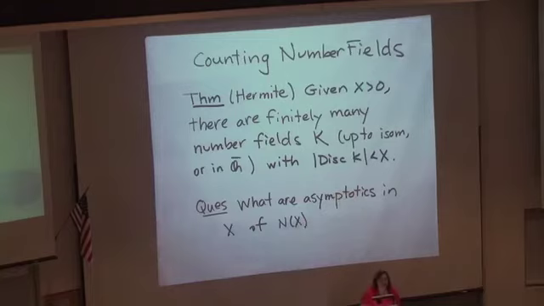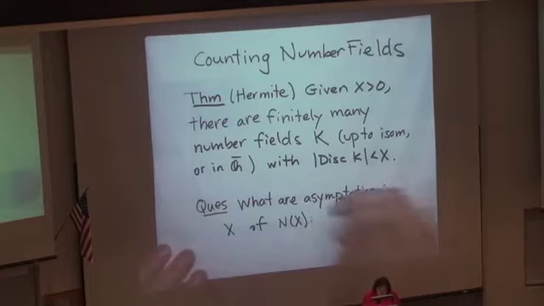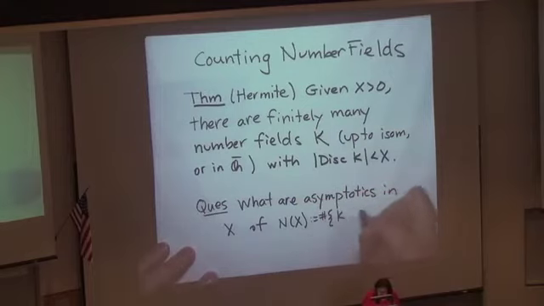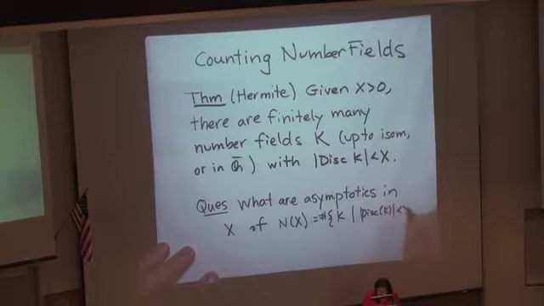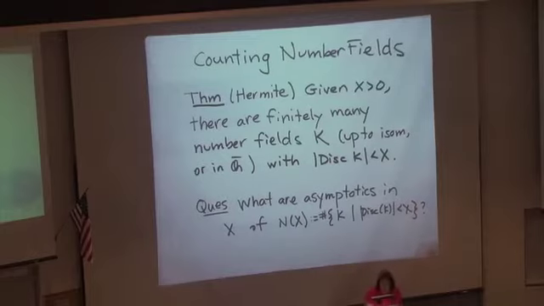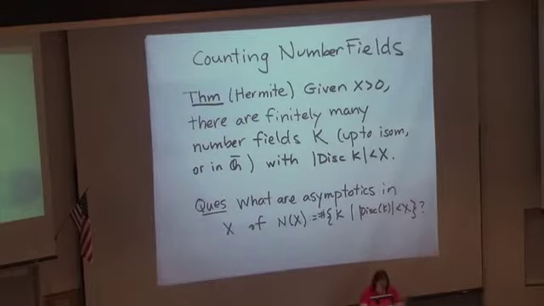Slightly unfortunately, my big X is playing a role like Jordan's big N. I'm going to use N to count these number fields, which is the number less than X. So what are the asymptotics of this counting function that counts the number fields of discriminant up to X?